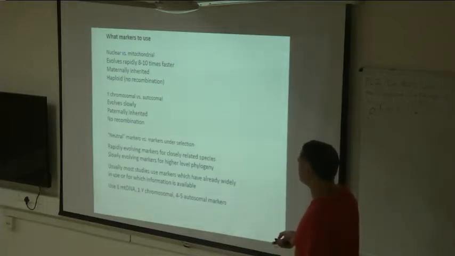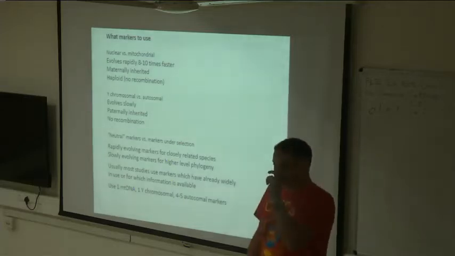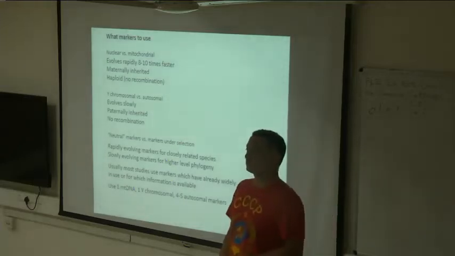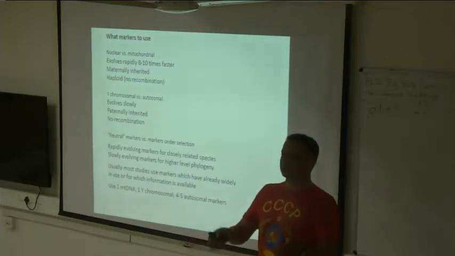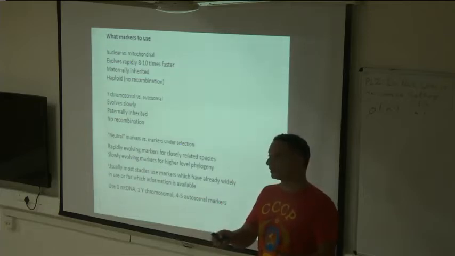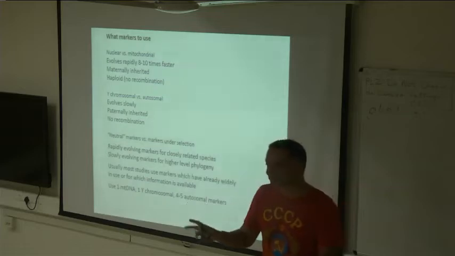What are the examples of neutral markers? Neutral markers would be, say, intronic regions, or what people call junk DNA. So intronic regions might also be under a little bit of background selection because on either side they have exons.